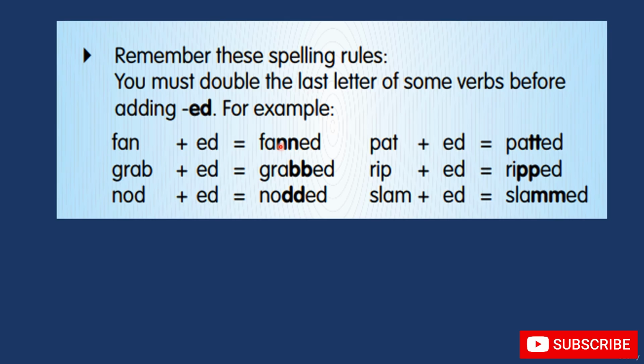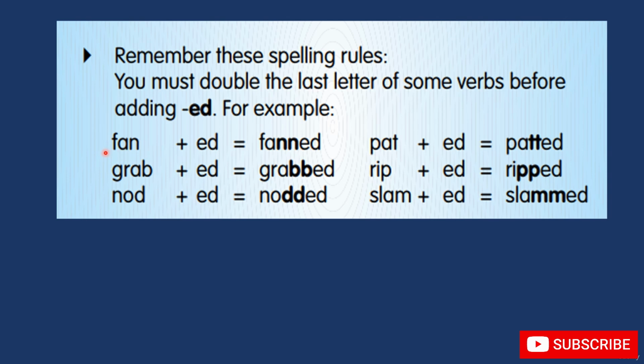If the verb ends with a consonant and before the consonant I have a vowel, I double the consonant before I add ed. Here I have n, this is a consonant, and before the n I have a, a vowel, so I double the n before I add ed. Again, if the verb ends with a consonant and before the consonant I have a vowel, I double the consonant before I add ed.